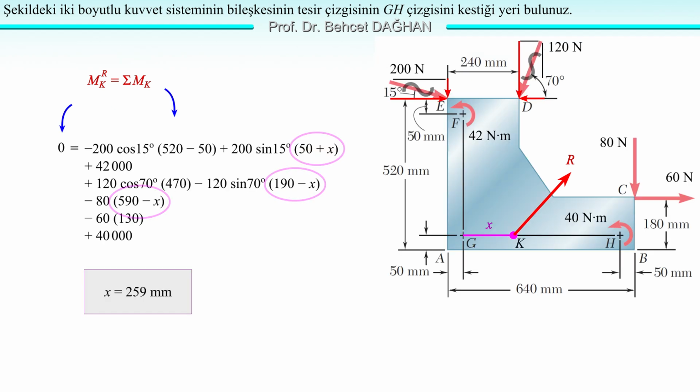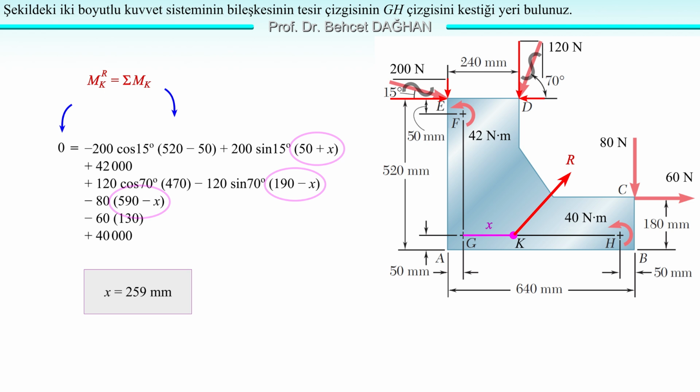Let's do it now. The moment of the resultant about point K is 0. Therefore, the sum of the moments of the other forces about point K is also equal to 0. The left-hand side is 0. Let's write the right-hand side. We'll write it as we did before, but the moment arms change this time. The moment arms of the horizontal components don't change, because point G and point K are on the same horizontal plane. Therefore, the moment arms don't change.